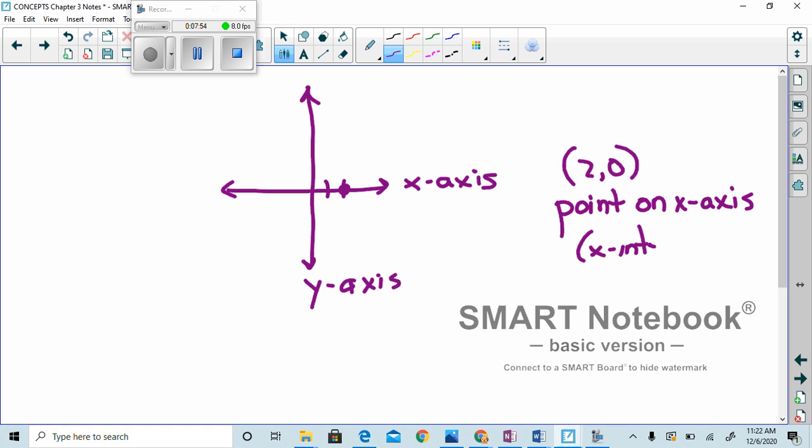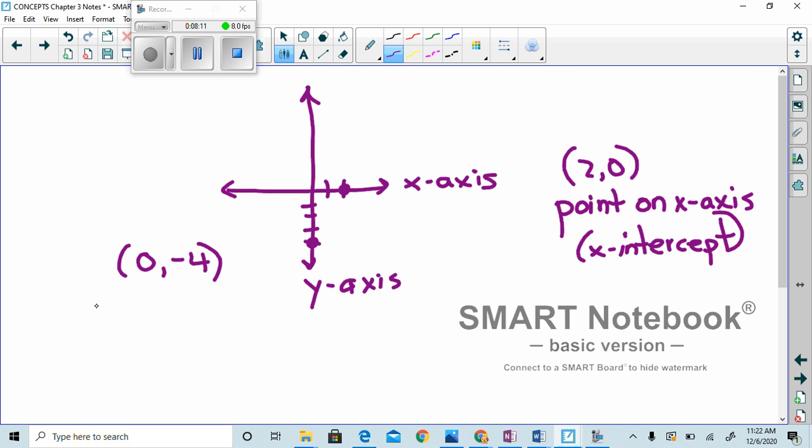We're going to find that if we have just 2 points, we can graph a line. If I had another point, and it falls right there on my coordinate plane, the value of that is going to be 0, -4.